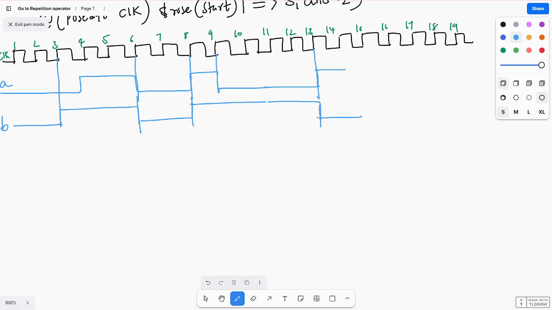And one more signal, that is stop signal. Let us take stop signal.